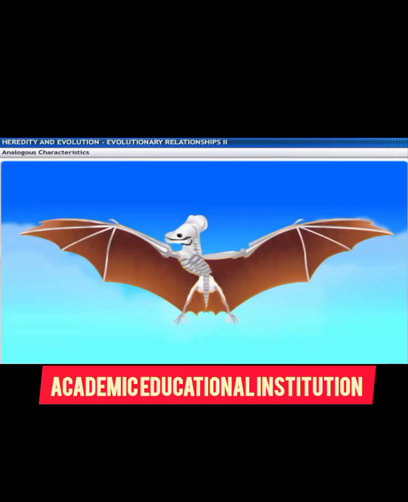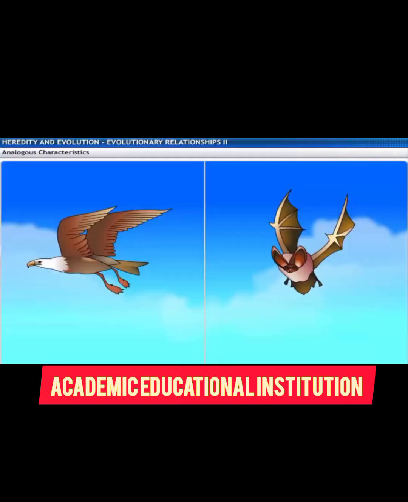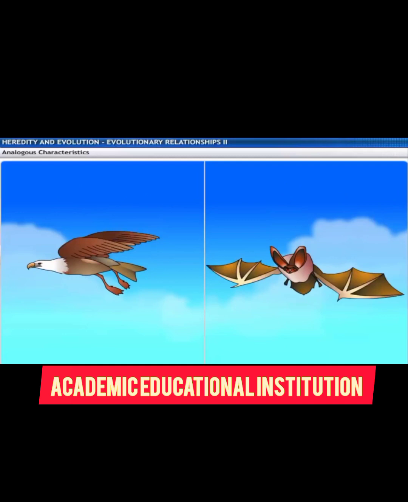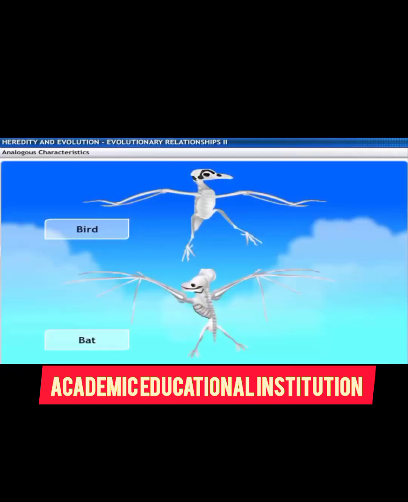The wings of bats have skin folds stretched between elongated fingers, whereas the wings of birds are feathery, covering the arm entirely. The designs of the 2 wings look similar because they have a common purpose: to fly. Their structure and components, however, are different.